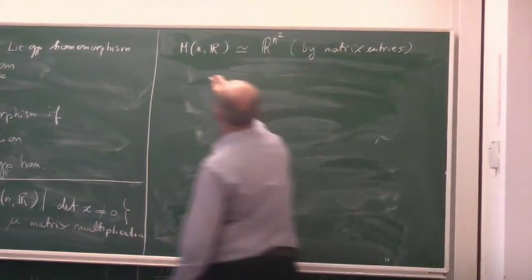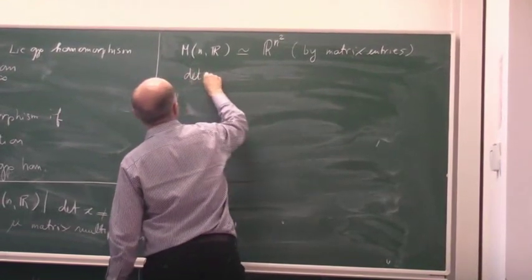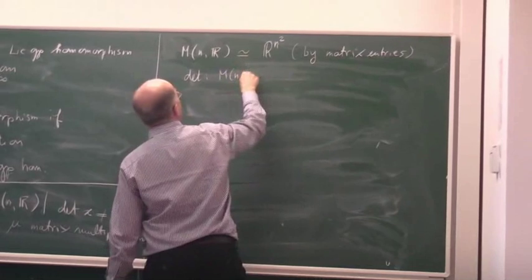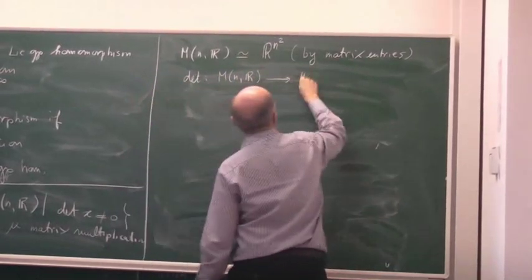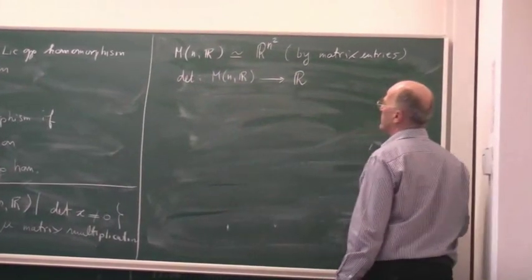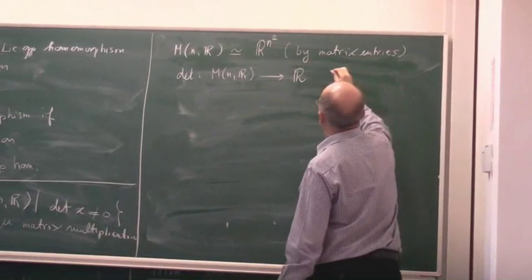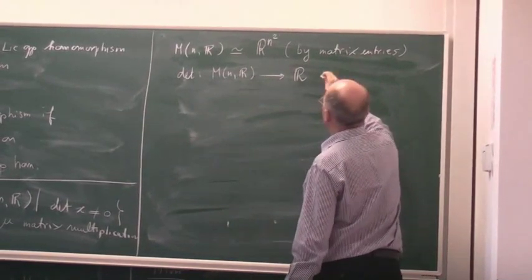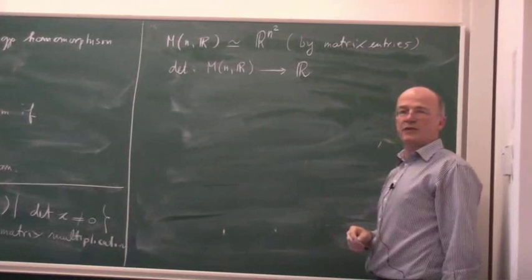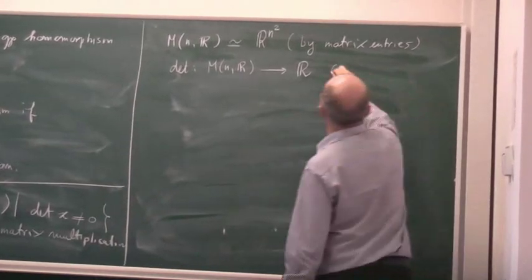And then the determinant map from here to R is continuous, it's really polynomial in the matrix entries, and therefore it's continuous.